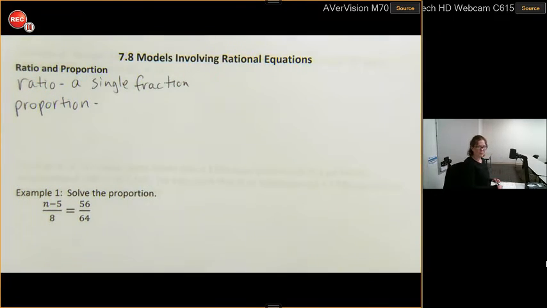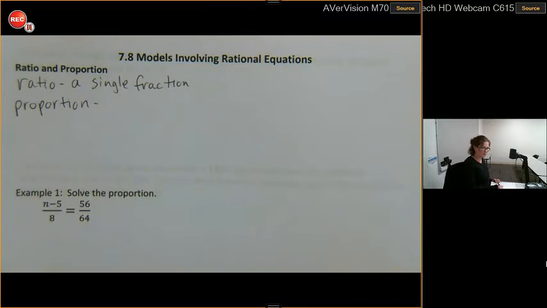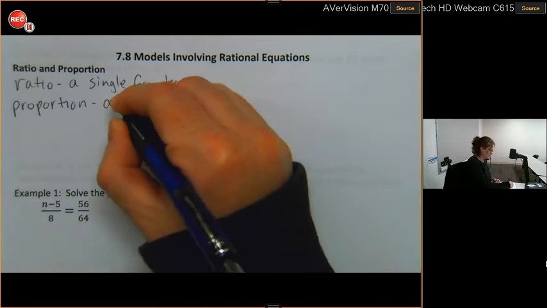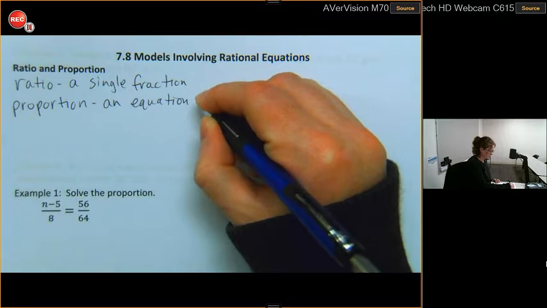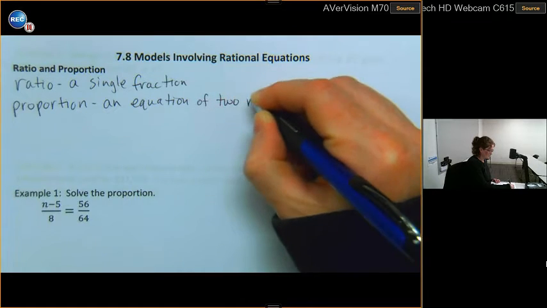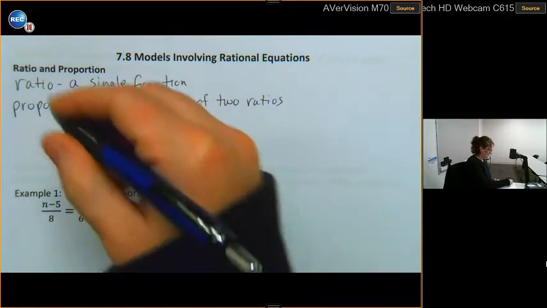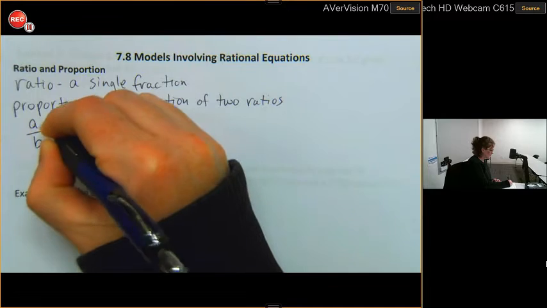A proportion is an equation of two ratios. So you would have something like this.